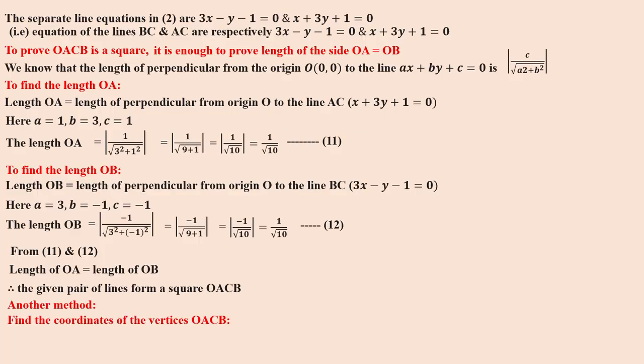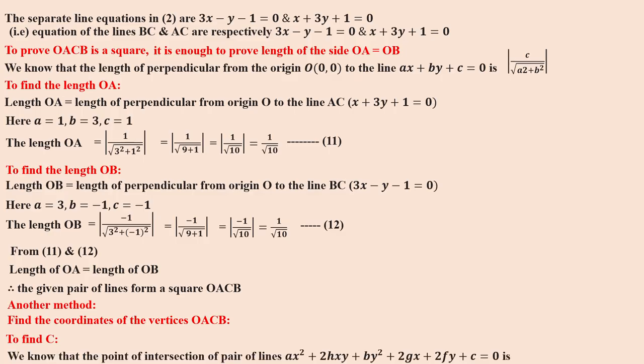In another method, find the coordinates of the vertices of OACB. So we are going to find each and every vertex. First, to find C, we know the point of intersection of a pair of straight lines formula: (hf minus bg by ab minus h square, gh minus af by ab minus h square). So we are substituting the values, and we will get (minus 8 plus 3 by minus 9 minus 16, 4 plus 6 by minus 9 minus 16).